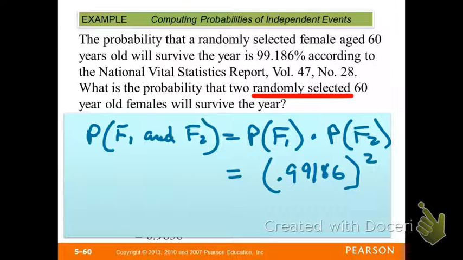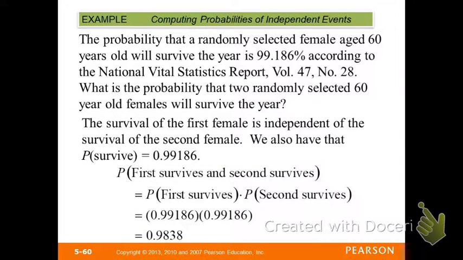So it's 0.99186 squared, which is going to give us 0.9838. So there's a 98.38% chance that both of the randomly selected 60-year-old females will survive the year.